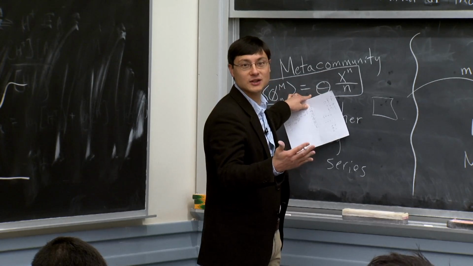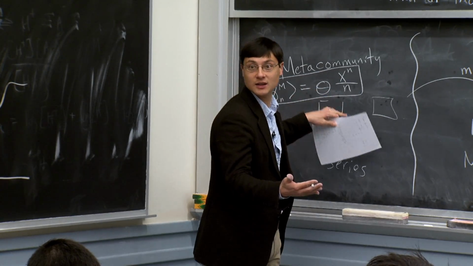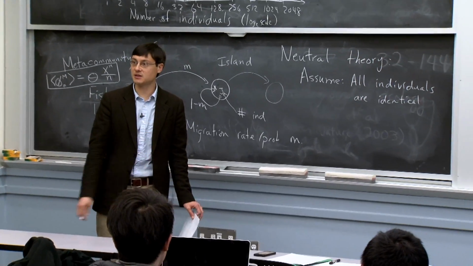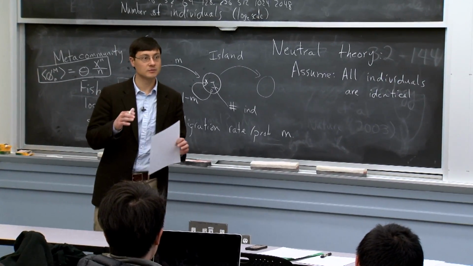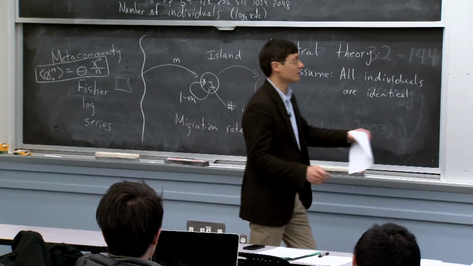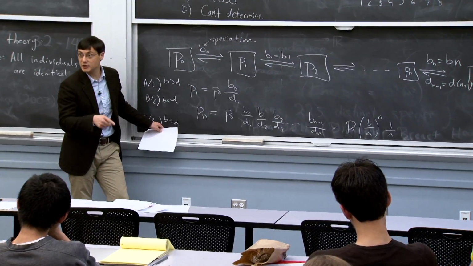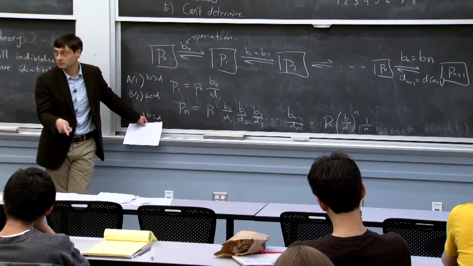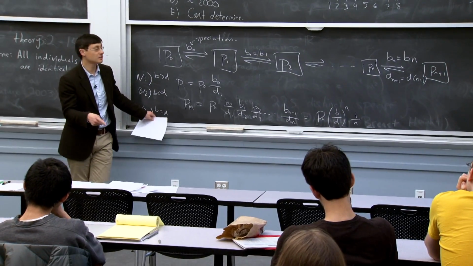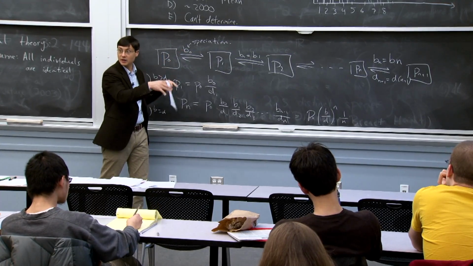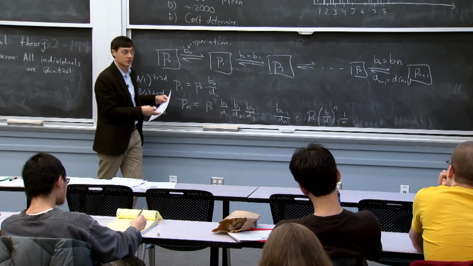Can somebody say why it's OK for b to be less than d? Because there's a rate B0, exactly. There's a finite rate of speciation. It's true that every species will go extinct, but because we have a constant influx of new species, we end up with this distribution. That's the Fisher log series.